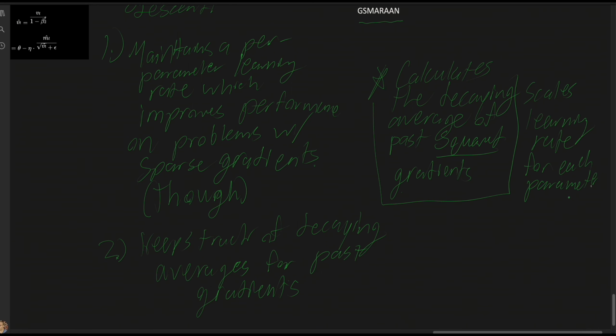And this means that parameters with large gradients will have their effective learning rate reduced, while parameters with small gradients will have their effective learning rate increased. So it increases or decreases learning rates for small and large gradients, respectively.